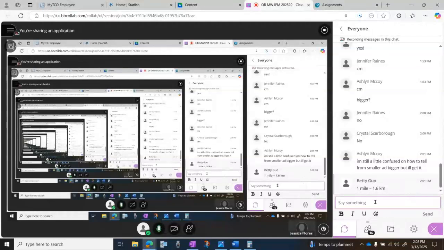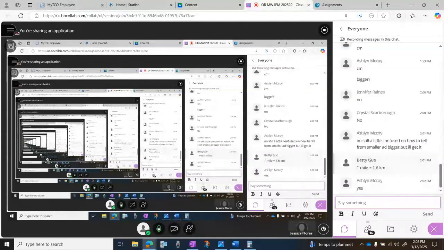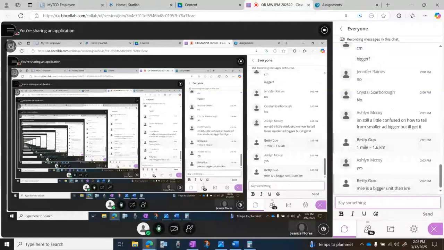Right, Ashlyn? So in this case, we say mile is a bigger unit than km. Does that help? When we say which unit is bigger, which unit is smaller, we are actually comparing 1 mile with 1 kilometer.